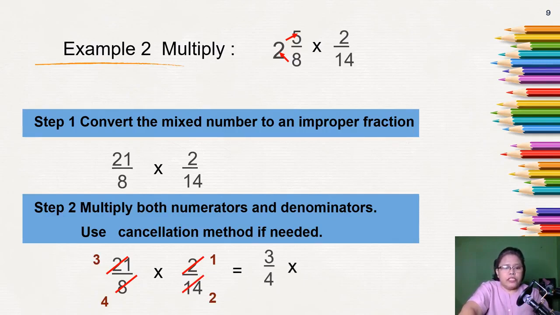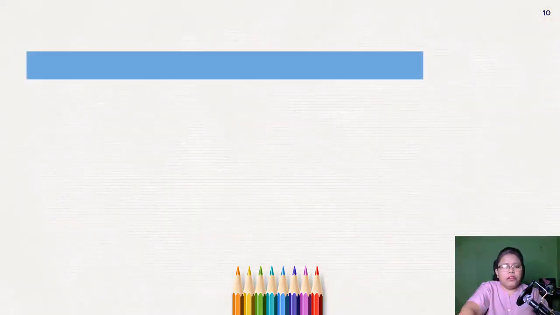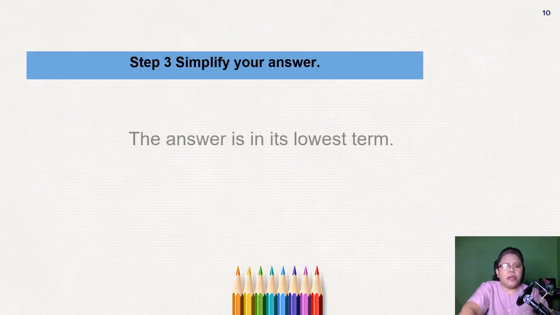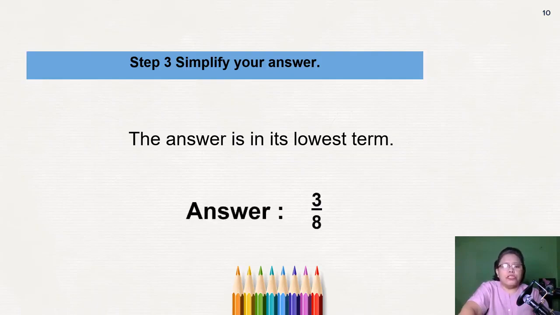So, this is now 3/4 times 1/2. Diba? And the answer is 3/8. Okay? So, ano yung final step? Sabi, simplify your answer. Kaya lang, the answer is in its lowest term already. So, answer mo is already, or is just 3/8. Okay?